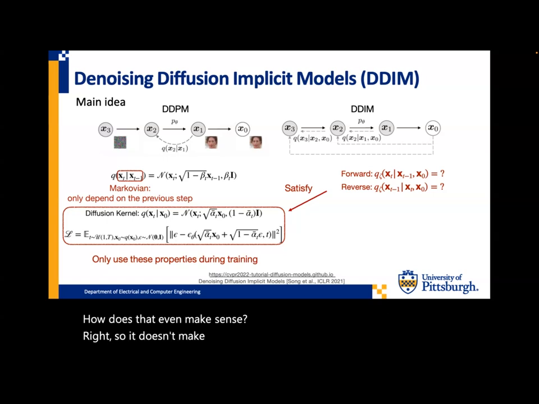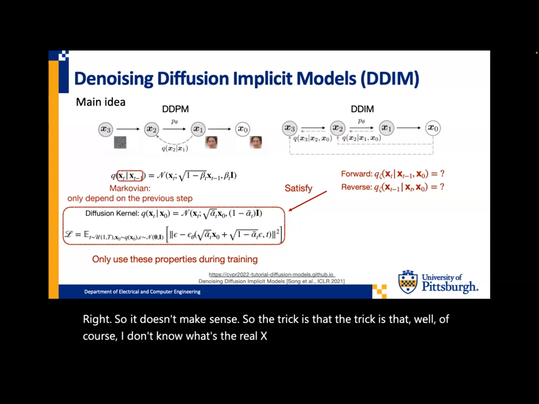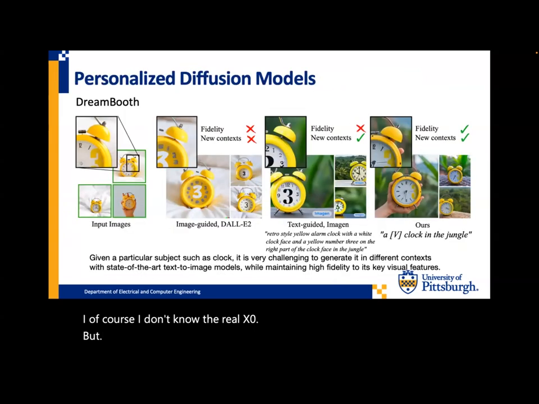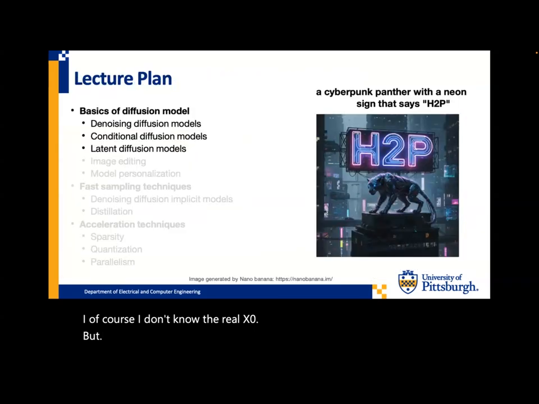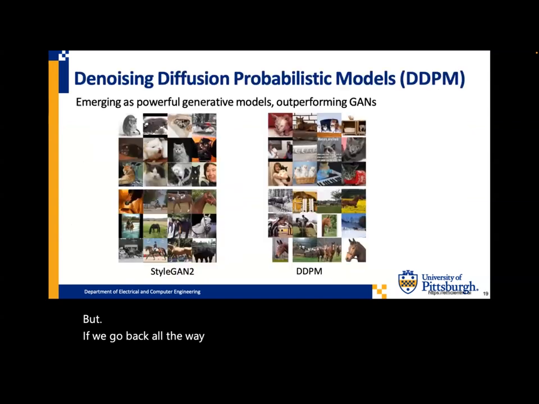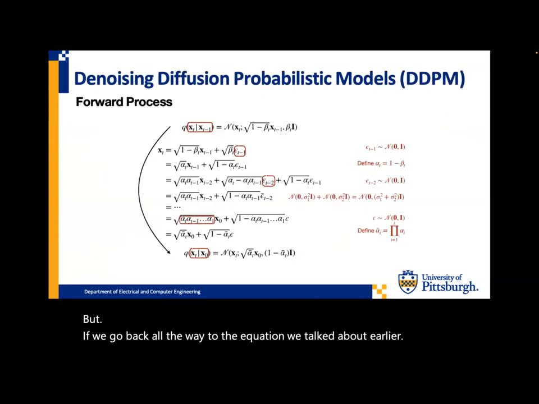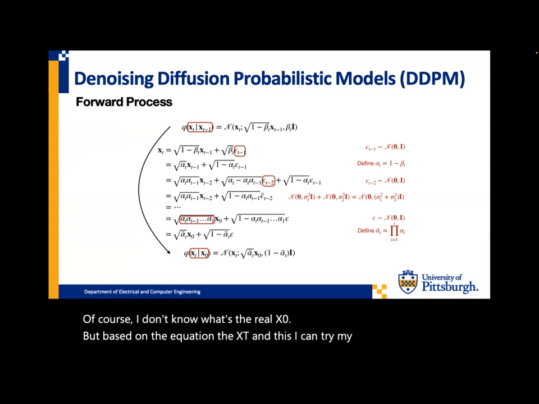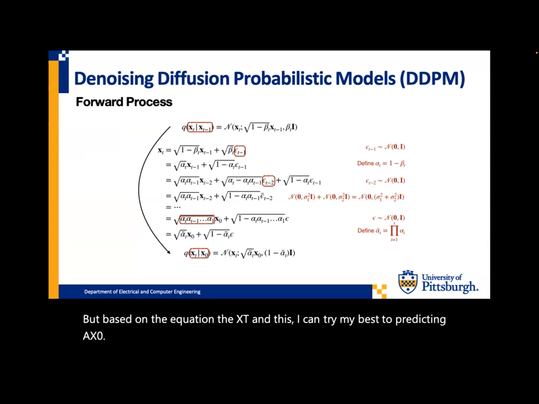So the trick is that, of course, I don't know what the real x0 is. But if we go back all the way to the equation we talked about earlier, based on the equation, xt and this, I can try my best to predict an x0.